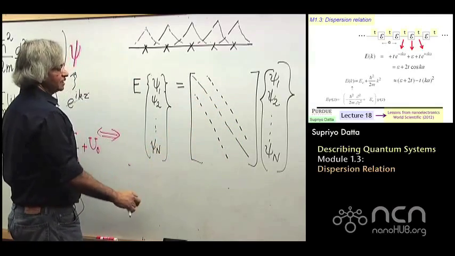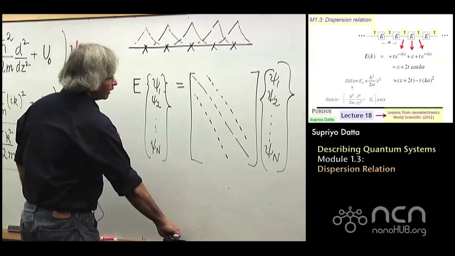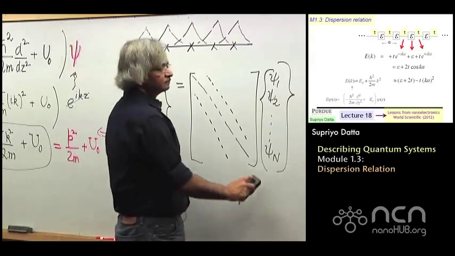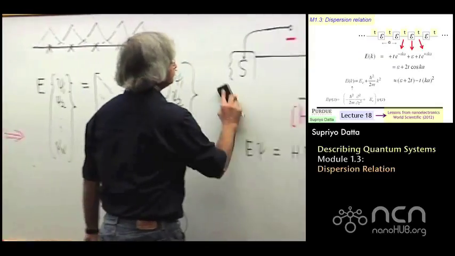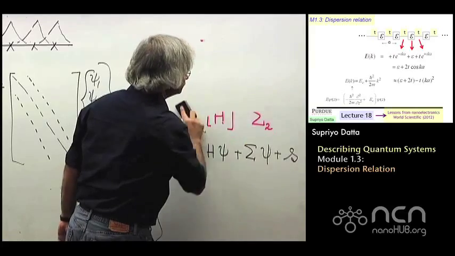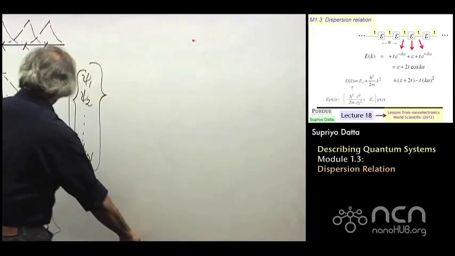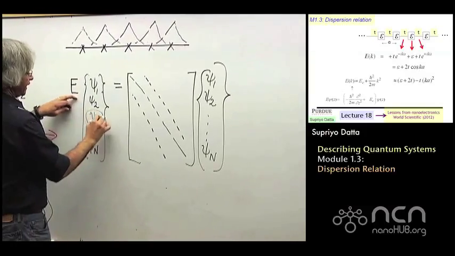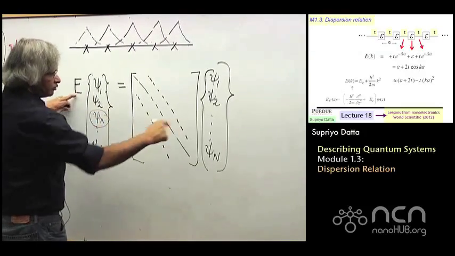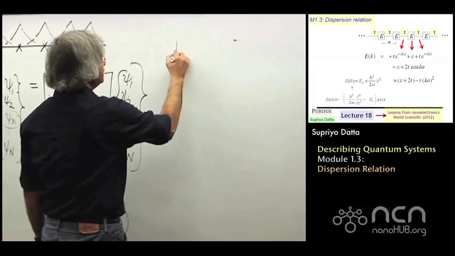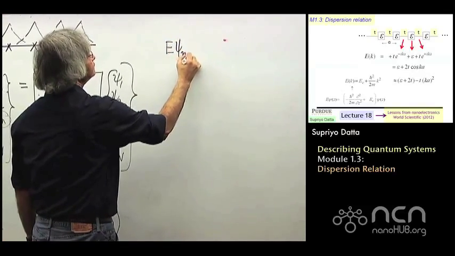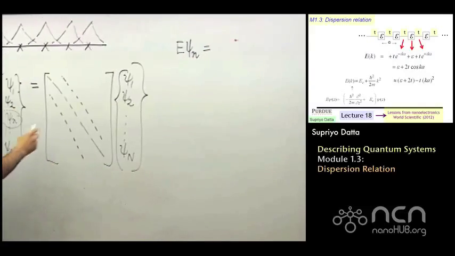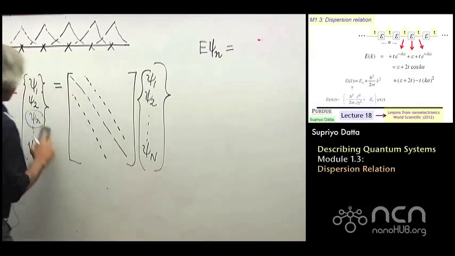Why is that? Well, because when I try to write this equation in terms of its components, I could take a particular row, let's say psi n, and write it out. Actually, let me write just E psi 2.